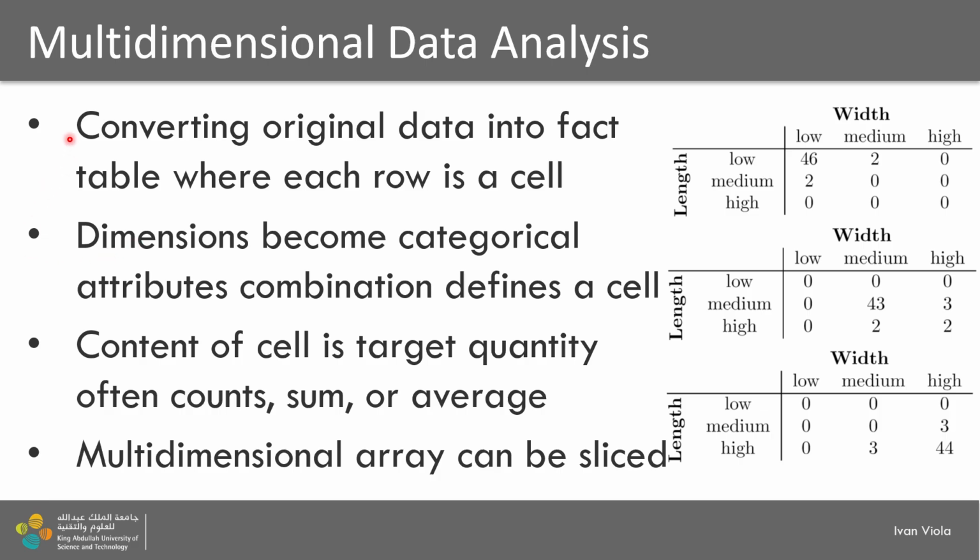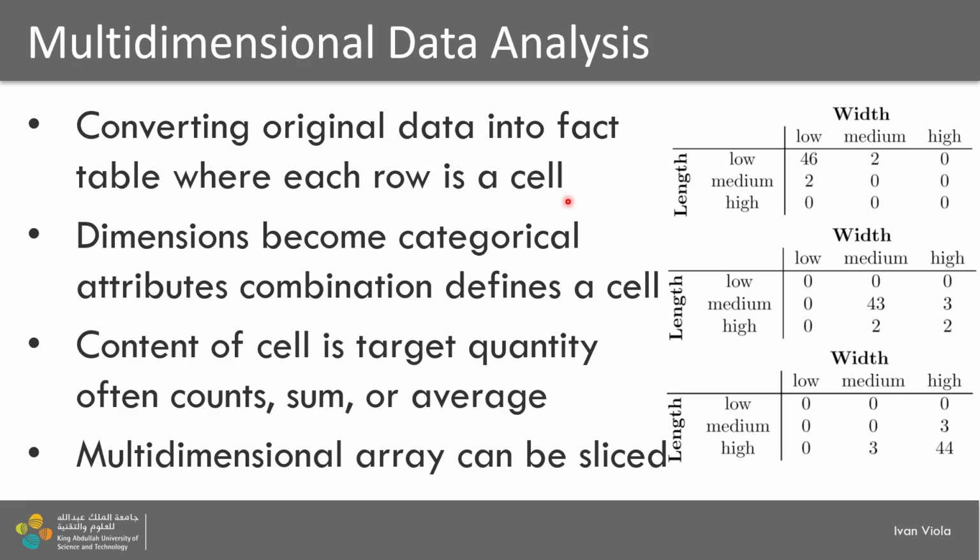So we have converted the original data into something which we will call the fact table, and that has also been seen on the previous slide. Each row corresponds to one cell, and these columns will be the discretized attributes. Even if the attributes were continuous before, we need to discretize them into some categories, like we would be doing for the histograms as well.